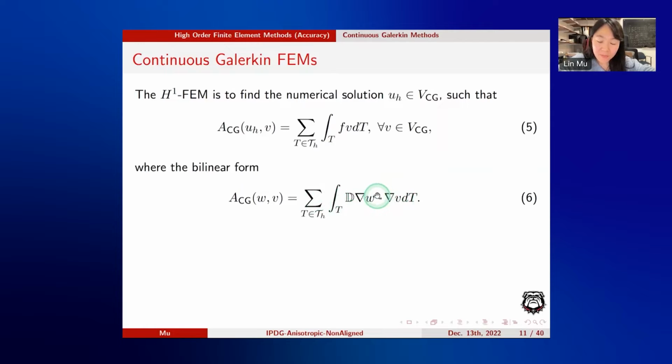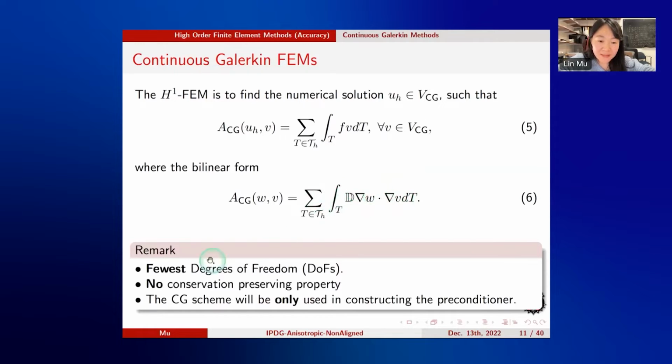Okay, so there are some remarks about the CG method. Usually the CG method has the fewest degrees of freedom and the simplest bilinear form. However, the drawback for CG is the conservation law. Usually, it's very hard to require the CG method to satisfy a certain conservation law.